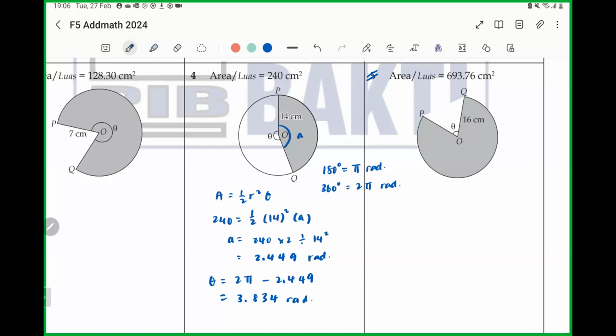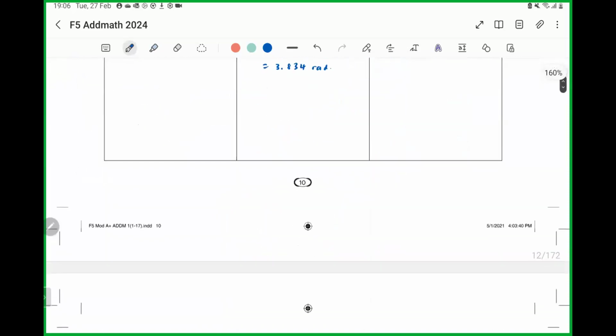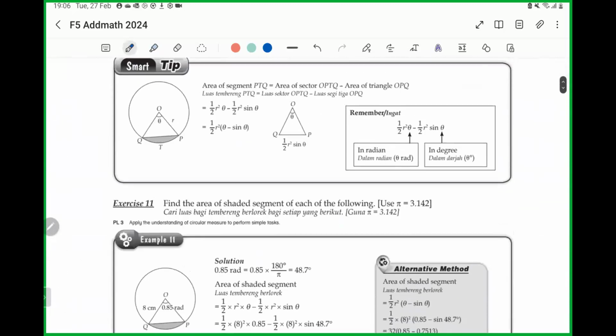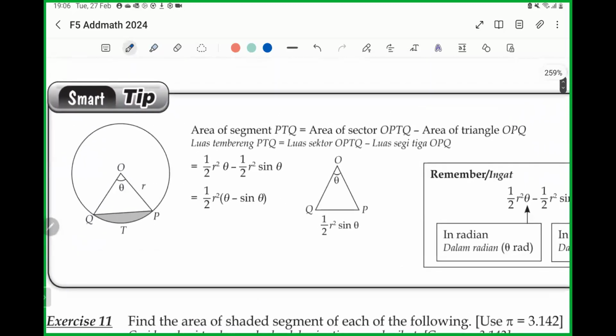Okay, then we go to the next one. Next one is actually the segment. What I said just now: if I want to get the area of this segment, we need to take the area of the sector minus the triangle.